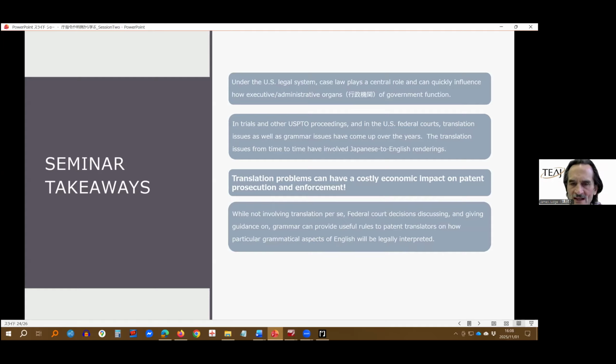And then lastly, federal court decisions discussing and giving guidance on grammar can provide useful rules to translators. In particular, today I was talking about the past participles, but also means-plus-function issues.